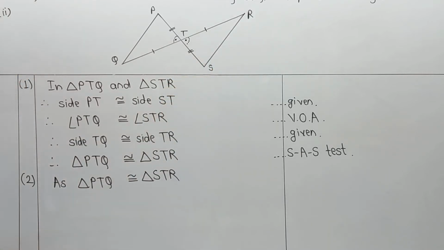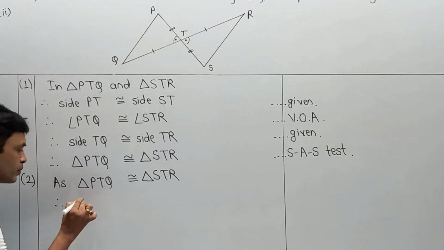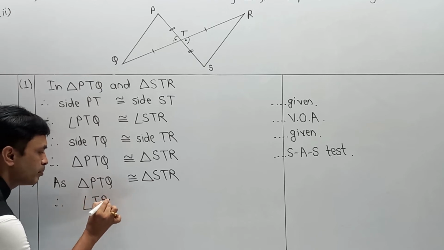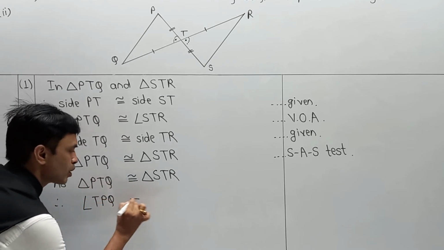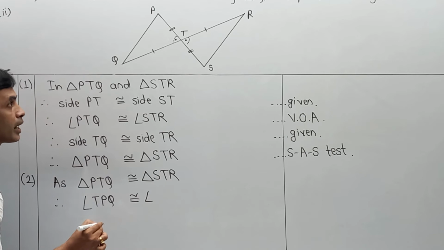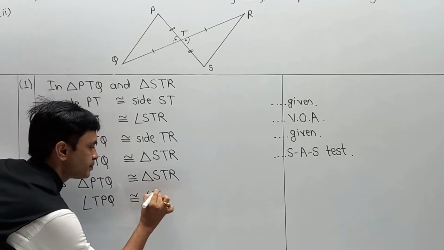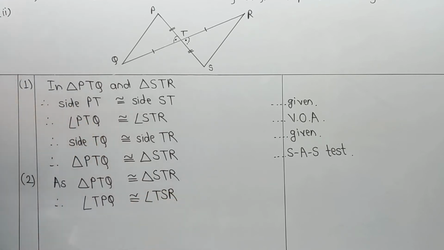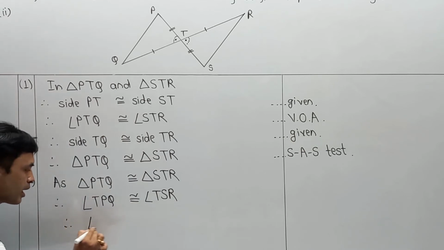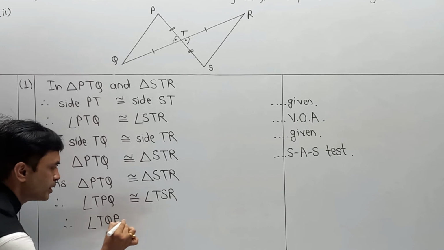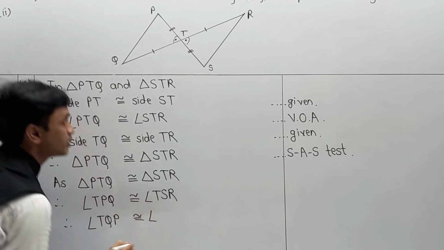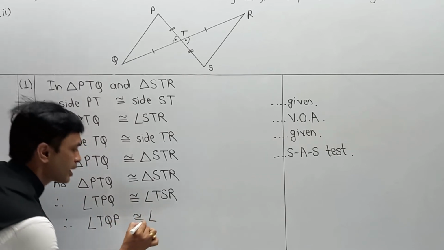Writing one by one. So the part is, therefore, angle TPQ is congruent to angle TSR. Next, angle TQP is congruent with angle TRS.